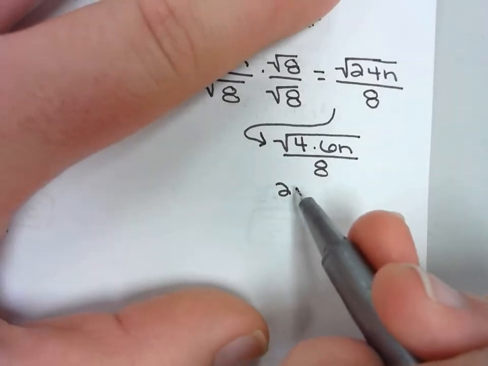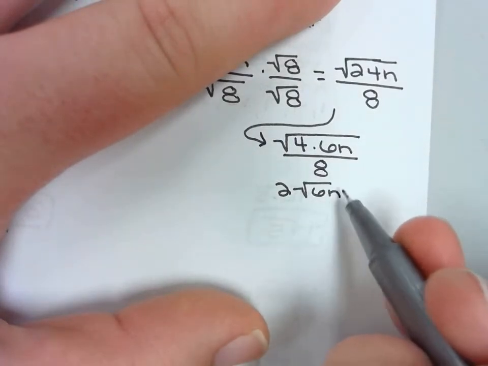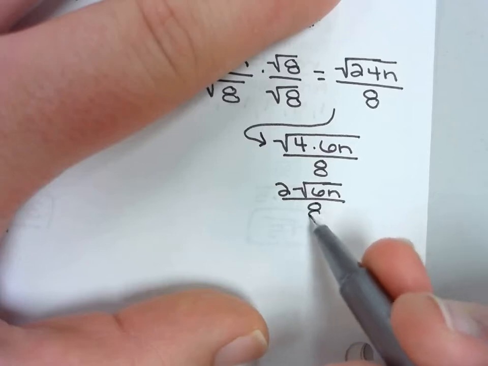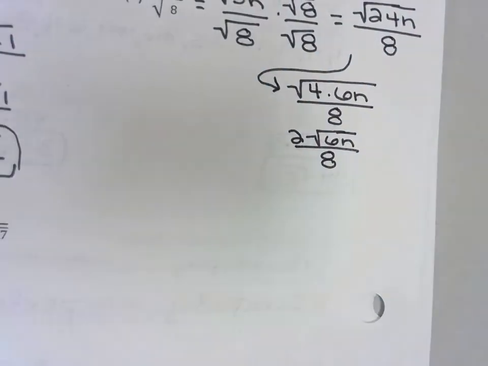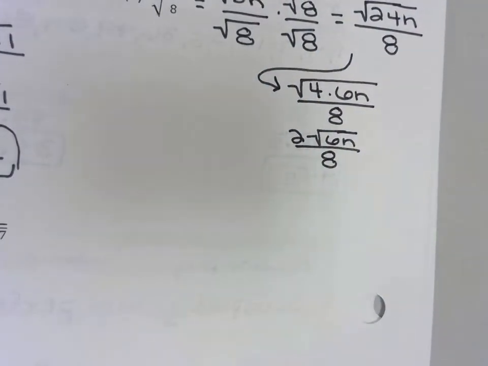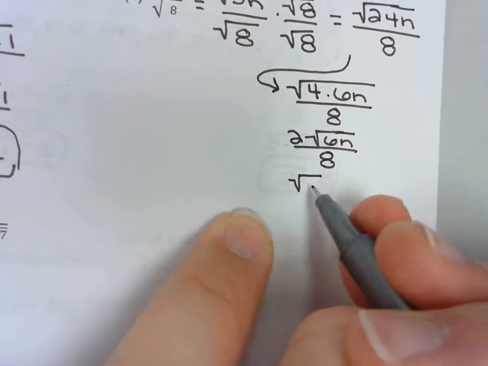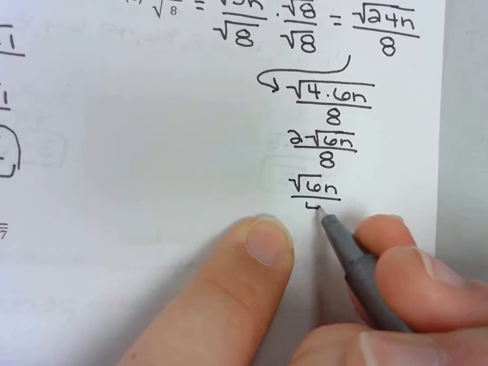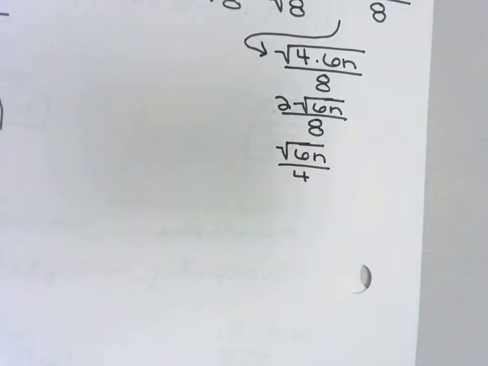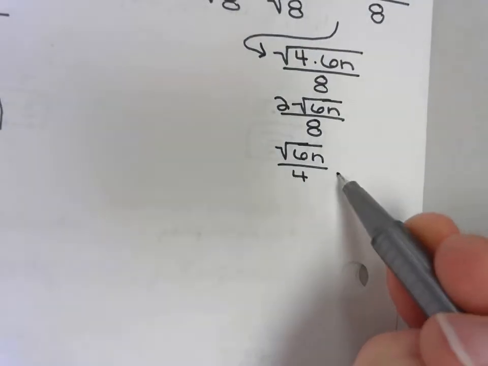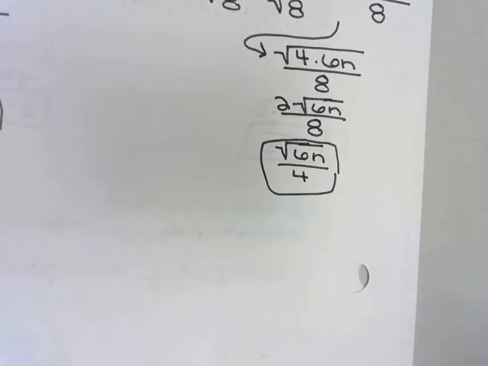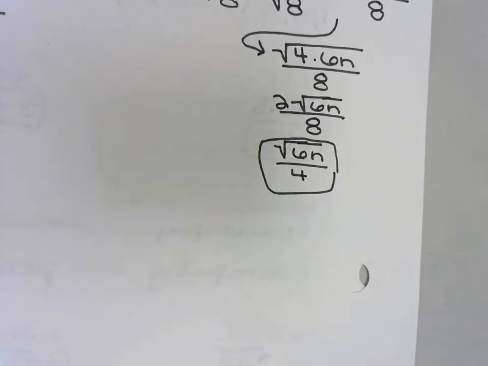So bring that out front. 2 square root of 6n over 8. And look for your fraction. 2 over 8. How can I reduce the fraction 2 over 8? 1/4. So square root of 6n over 4. Because you don't need the 1 on top. Okay, any questions?